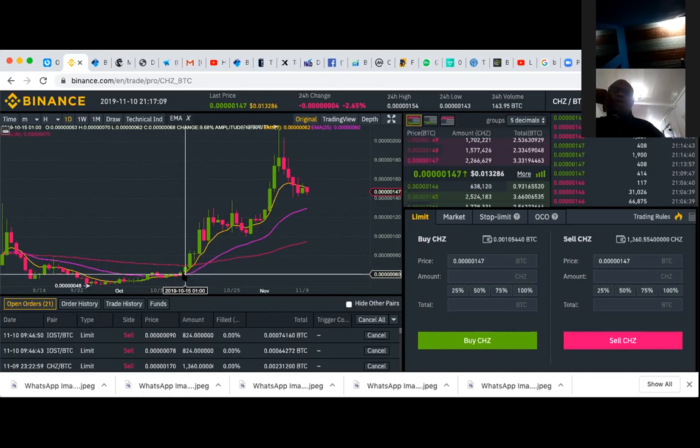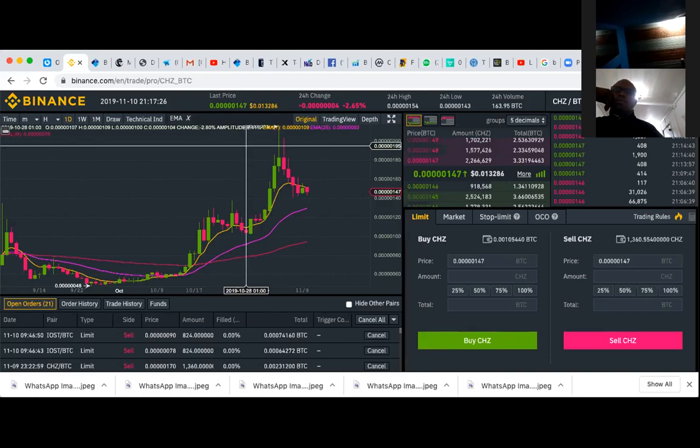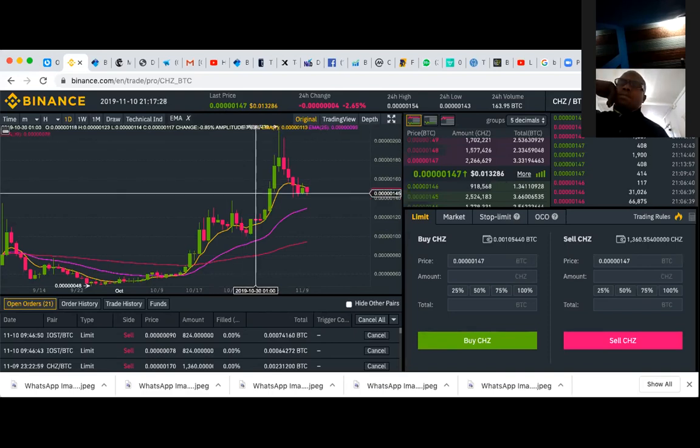So whoever has bought this coin since last month is still in huge profit, at 59, 60 Satoshi. Now, the market had gone up to as high as 215 Satoshi. Now, it has dropped very well to 147 Satoshi.